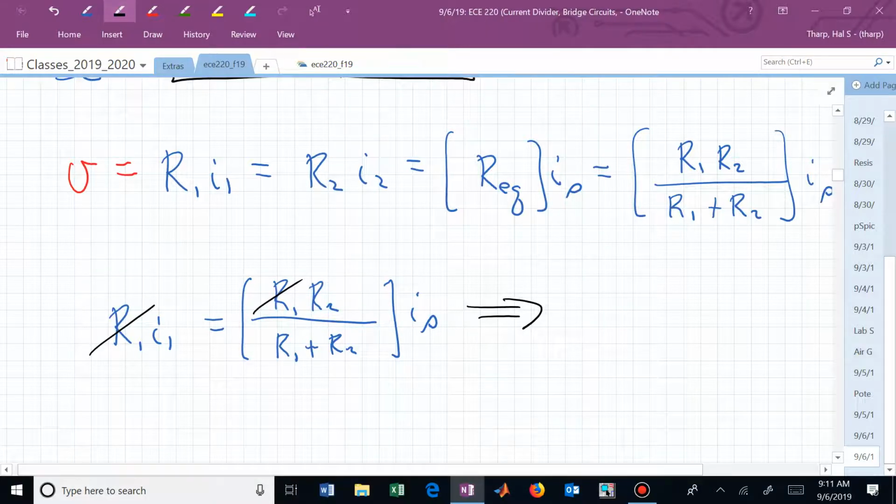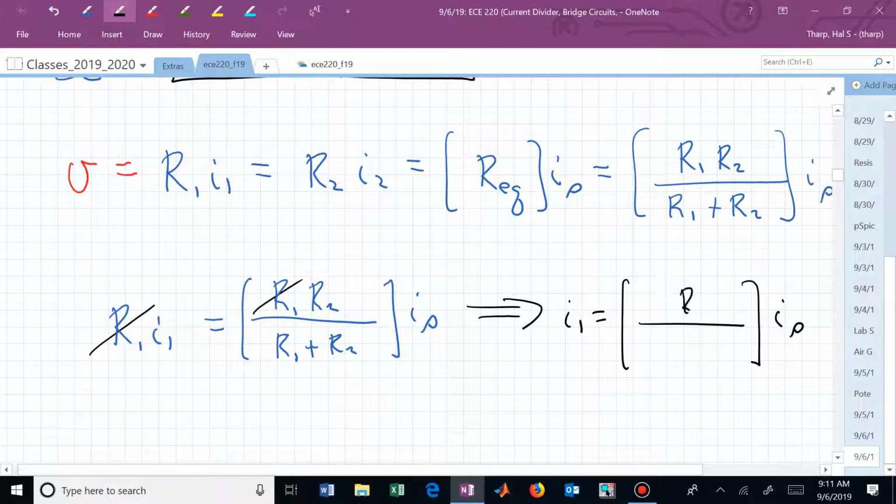I sub 1 is now, the fraction of I sub S that makes up I sub 1 is the opposite resistor up top over the sum, R1 plus R sub 2. And now, hopefully, by looking at how we canceled the R1, you understand why that R2 appears up top.